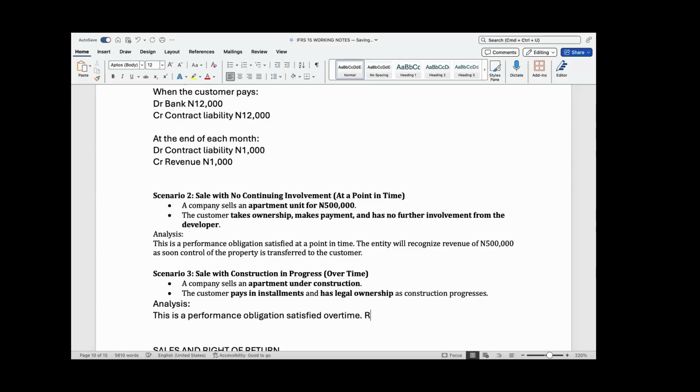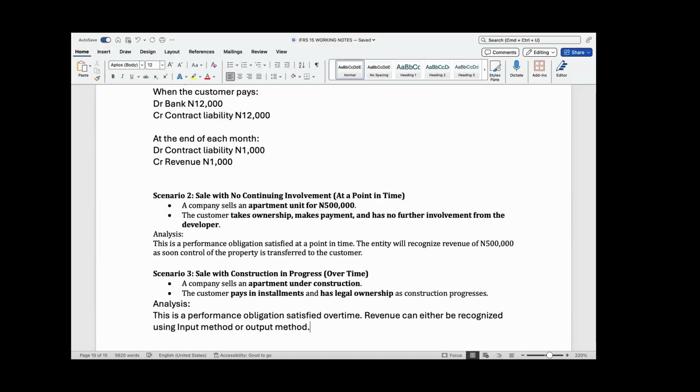Revenue can be recognized using the input method or the output method, by looking at how much we have incurred to date over the total costs, or looking at the performance.